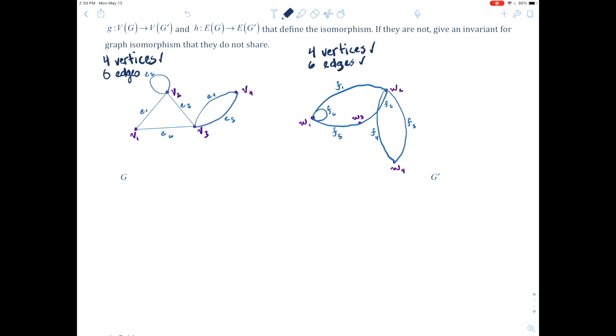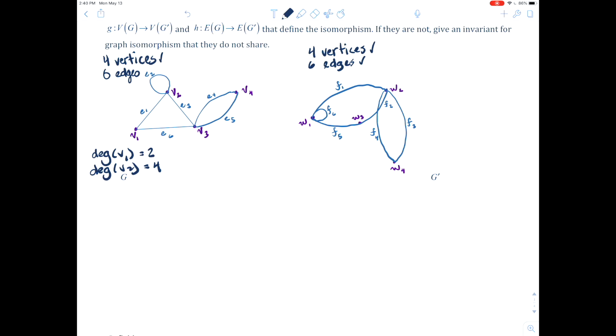So here we go. So the degree of vertex 1 is equal to what? How many edges are coming out from it? And we're working on graph G. Beautiful. 2. The degree of V2 is what? Yeah, be careful. It's going to be 4, isn't it? Because you count a loop twice, right?